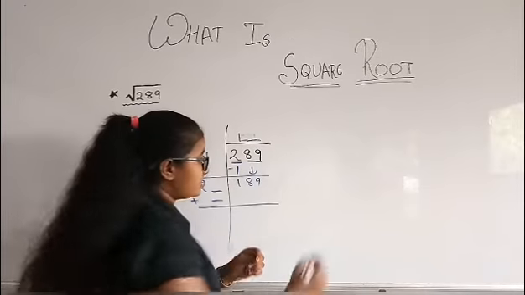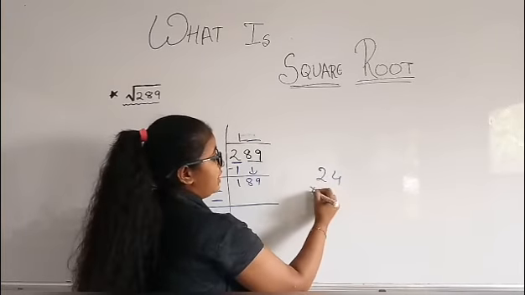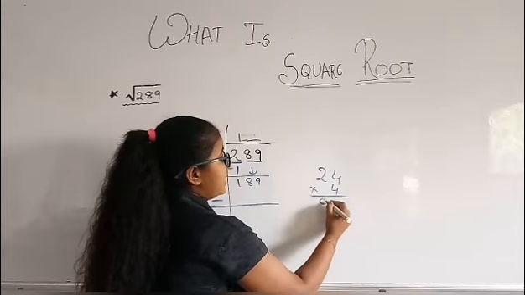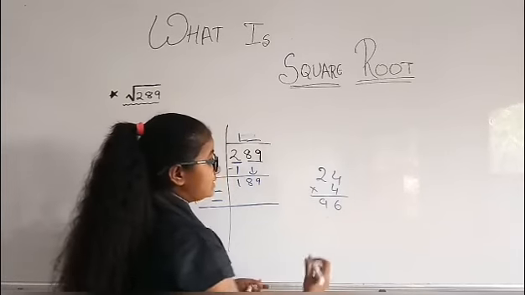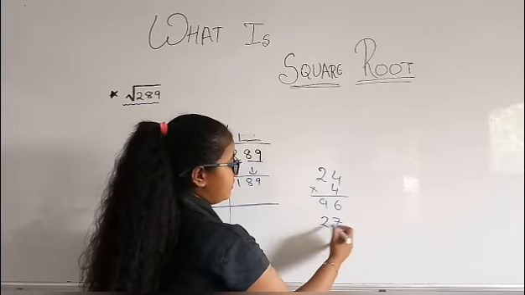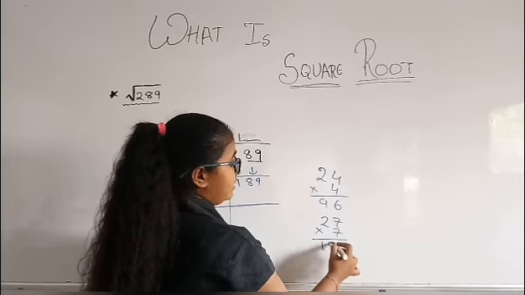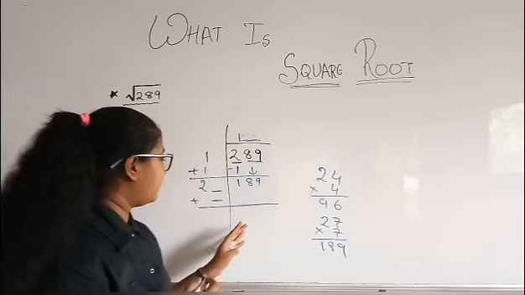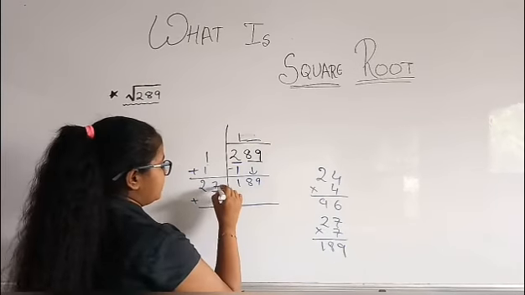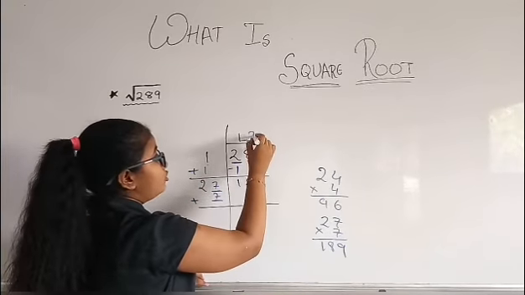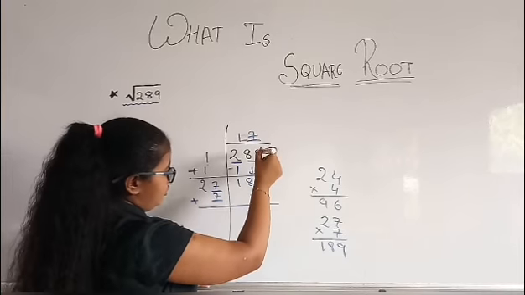Let's take 4 first. 24 multiplied by 4 is 96. It's not coming. Let's take 7. 27 multiplied by 7 comes to 189. So we get the answer finally. Let's put 7 here, and don't forget to put 7 here also.